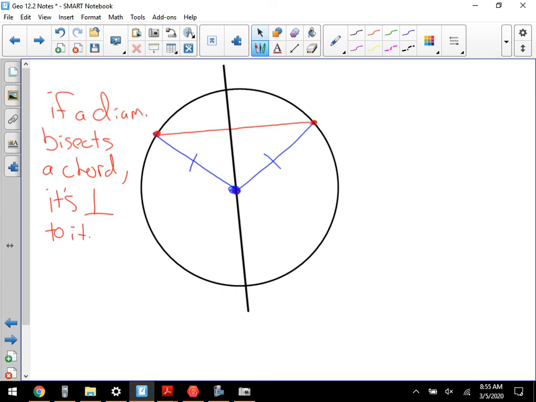Okay. So far, so good? Yes. All right. Now, if this diameter bisected a chord, the red piece that I drew in here is the chord. Are we okay with that? That means those two portions have to be equal, right?